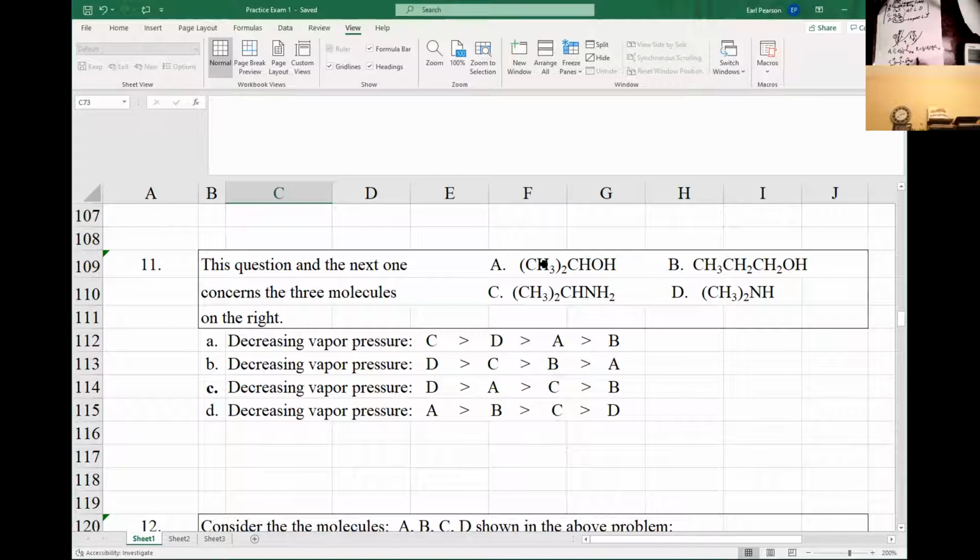Okay, that's C. And now we're looking at D. Nitrogen has a hydrogen attached to it, and then it has a lone pair, and it has two CH3s.